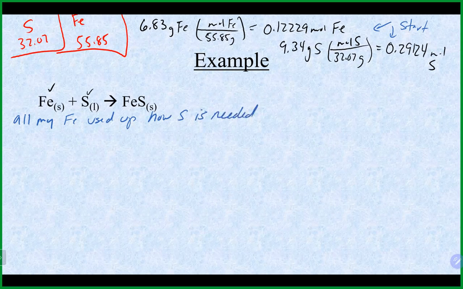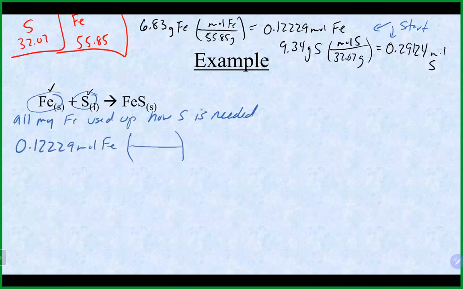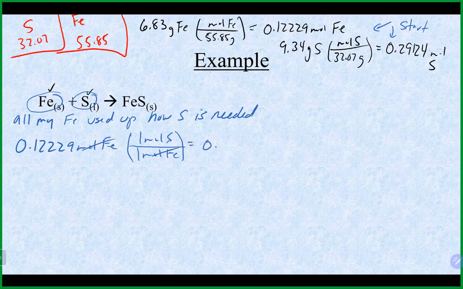That is just a really straightforward calculation. 0.12229 moles of iron. The relationship between iron and sulfur from the equation is a 1-to-1 relationship, which means we will use that. 1 mole of iron gives us 1 mole of sulfur. The moles of iron will cancel, and that gives us 0.12229 moles of sulfur is needed.